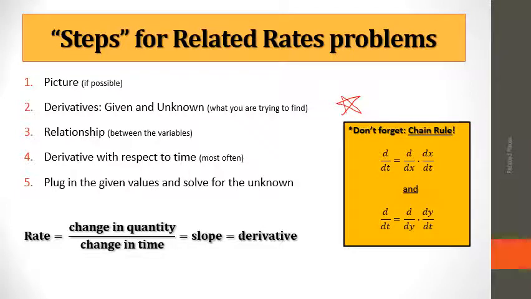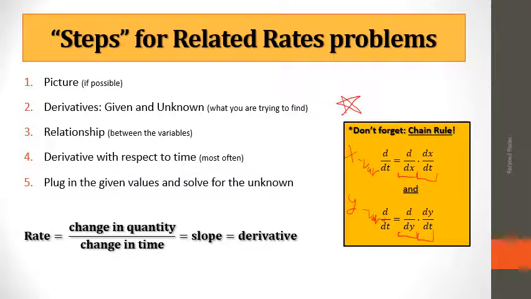For instance, if you're going to take the derivative with respect to time of a variable that is an x, you first take the derivative with respect to x, and then you multiply by the derivative of x with respect to time. And if you're going to take the derivative with respect to time of a y variable term, you first take the derivative with respect to y, and then you find the derivative of y with respect to t. So that's for a y variable and an x variable.